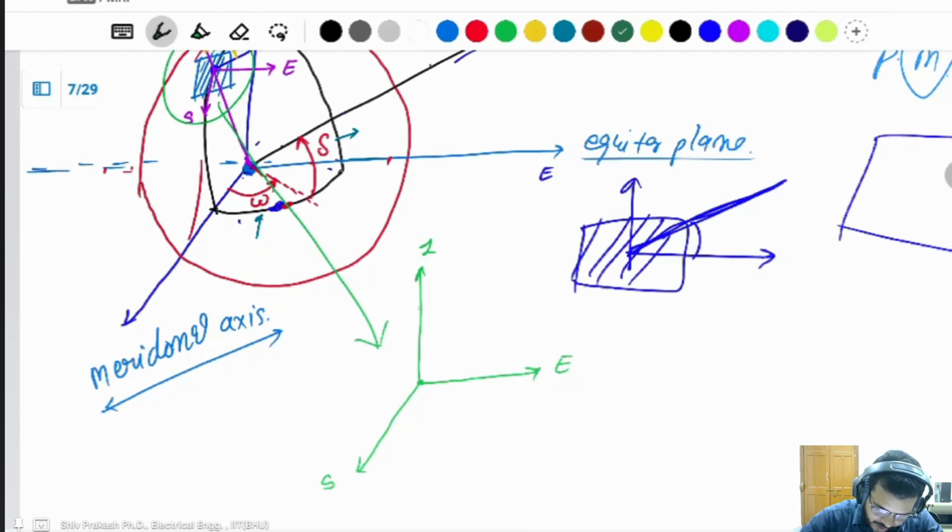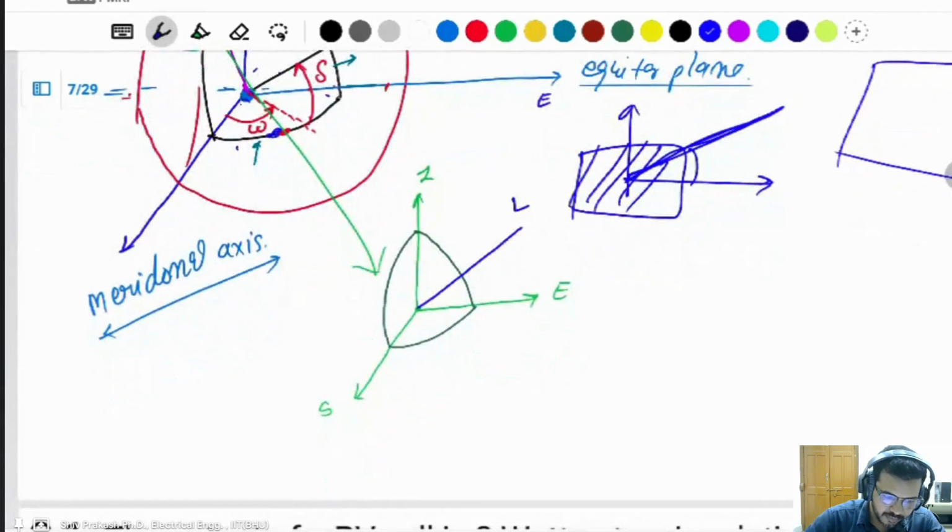Then this looks like a spherical coordinate system. If you take the insolation L, the zenith angle is measured from the top of the earth to the insolation, angle theta z.